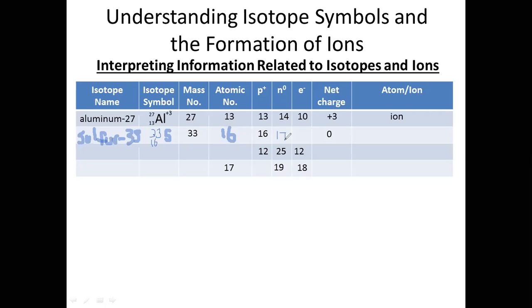Or you could think about the inverse, almost like a subtraction problem: 33 minus 16 creates 17 neutrons. Notice it says net charge 0, no charge. So that means the number of protons and electrons are equal. So that would be 16. And whenever those are equal, it's not what we call an ion, it is what we would call an atom.